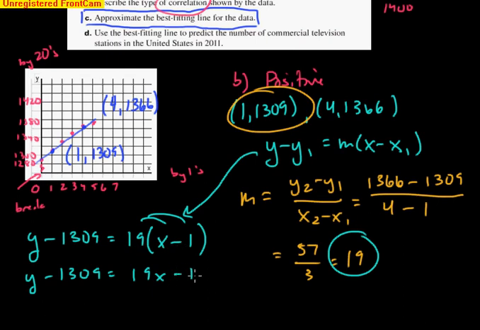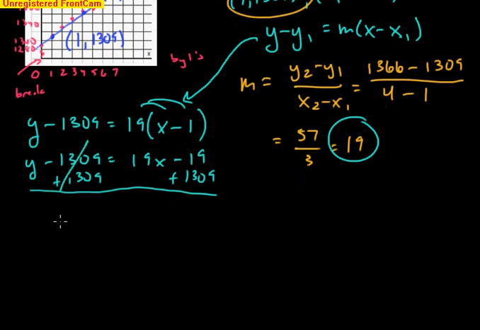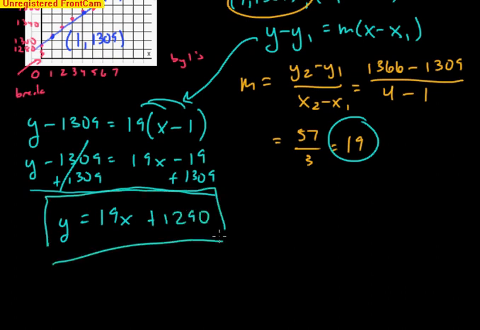I distribute the 19. 19 times negative 1 is negative 19. I add 1309 to both sides. I'm going to scroll down for a second. The 1309's cancel. y equals 19x, and negative 19 plus 1309 is positive 1290. Here is the approximate equation of my best fitting line. And that's step 4, find the equation.